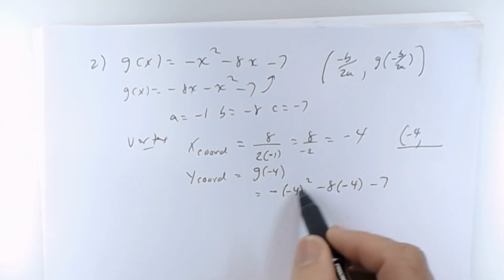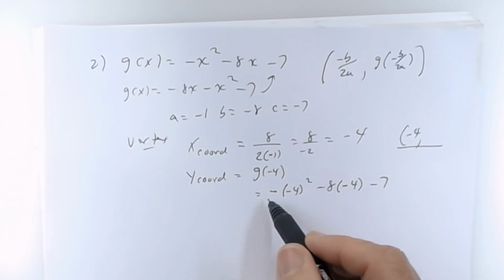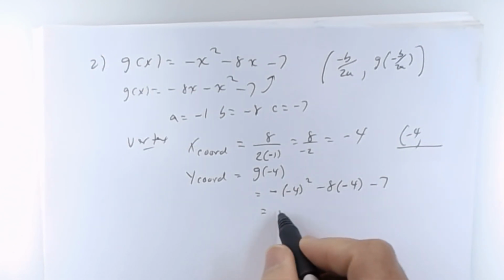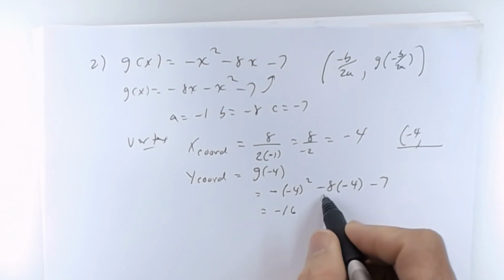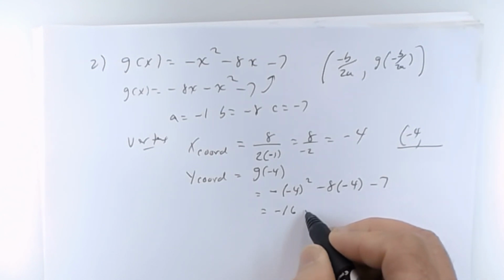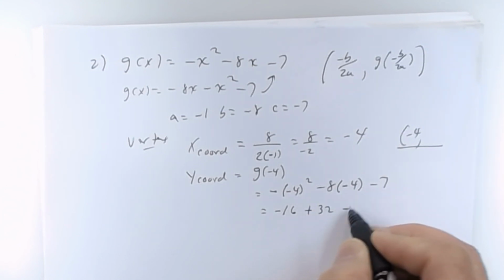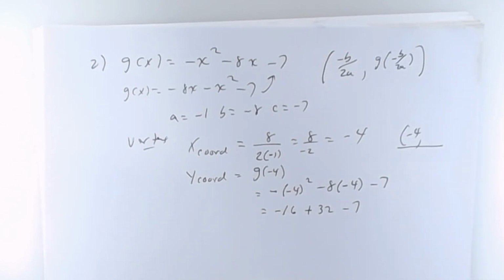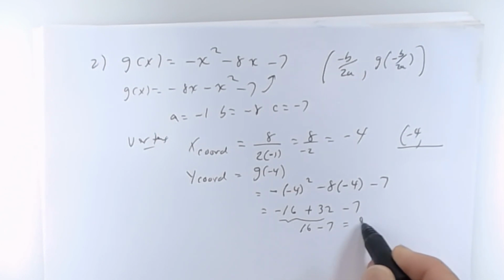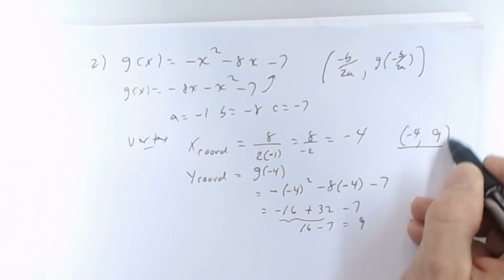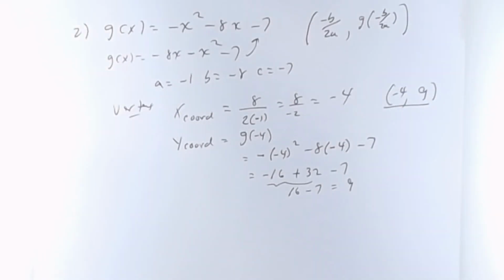All right, order of operations, what's -4 times itself? 16. Times the opposite, -16. A -8 times a -4? 32. And then minus 7. -16 plus 32? 16. 16 minus 7 is 9. So my vertex is -4, 9.